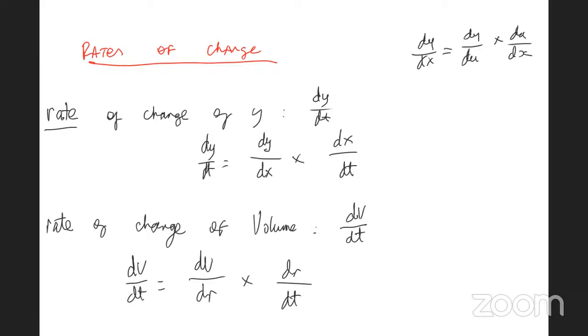Okay, so let's start with the example. Number one: the radius of a circle increases at a rate of 5 centimeters per second.